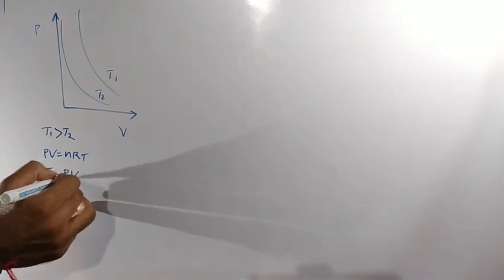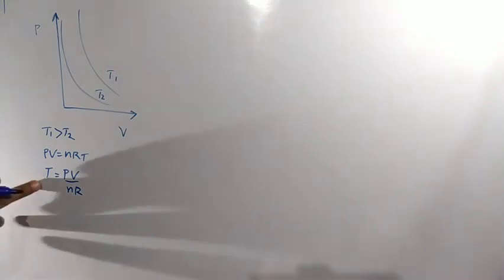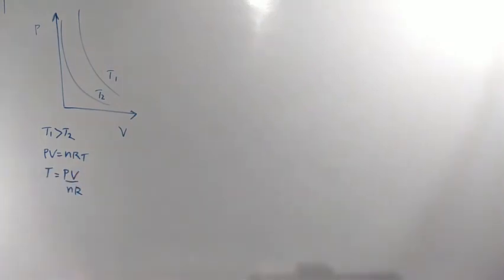If I separate for temperature, T is equal to PV by nR. So temperature is proportional to PV, and since PV for T1 is greater than for T2, therefore the T1 value will be greater than the T2 value. So they may ask questions like this also, and you should be able to answer these types of questions.